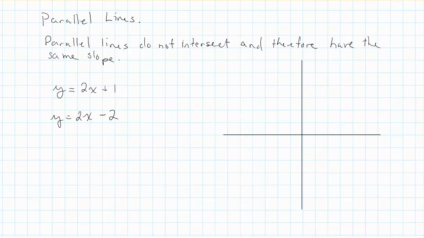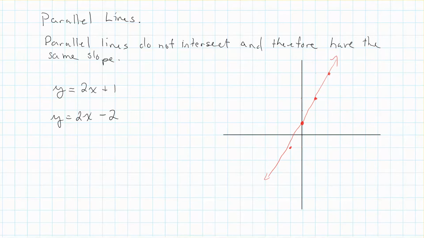They're in slope-intercept form, so I just plot the y-intercept and use my slope. So for the first equation, my y-intercept is, of course, 1, and then I have a slope of 2. So I'd go up 2, over 1, and I'll go ahead and go down 2, over 1. And then, of course, we draw a straight line as best we could through those points.